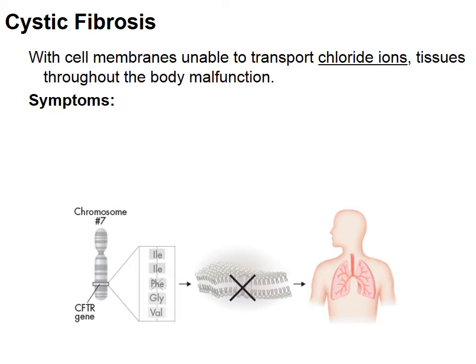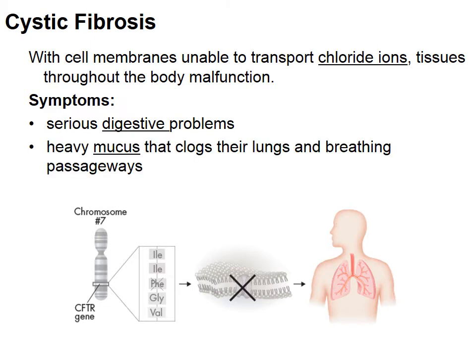So if they can't go across the membrane, then the tissues throughout the body malfunction. Because you have to understand the chloride is important for clearing the mucus from your lungs. So some symptoms of people that have cystic fibrosis are digestive problems. And a big one is that they have heavy mucus that clogs their lungs and breathing passageways.